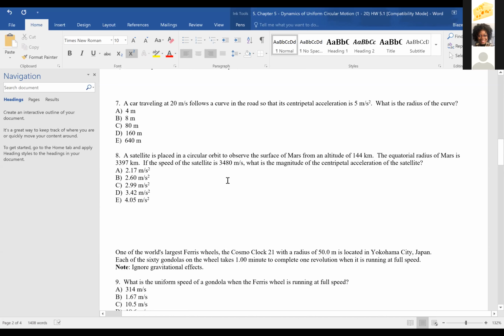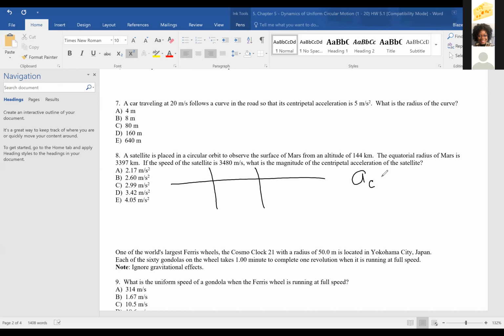I want you to be very, very careful and write down what is given in the problem, what equation you're going to use, and then solve for the centripetal acceleration. Okay, I want you to work on that one so I can see if I need to further explain that equation.